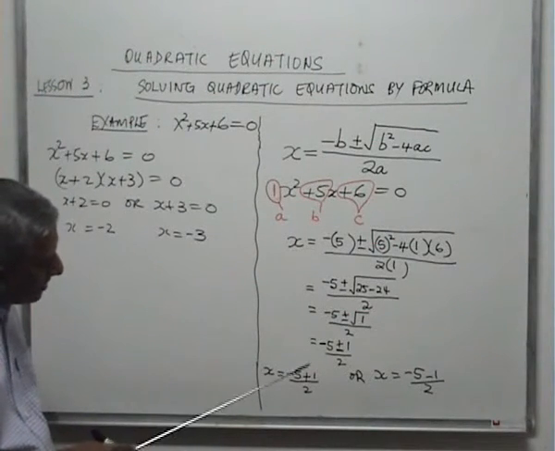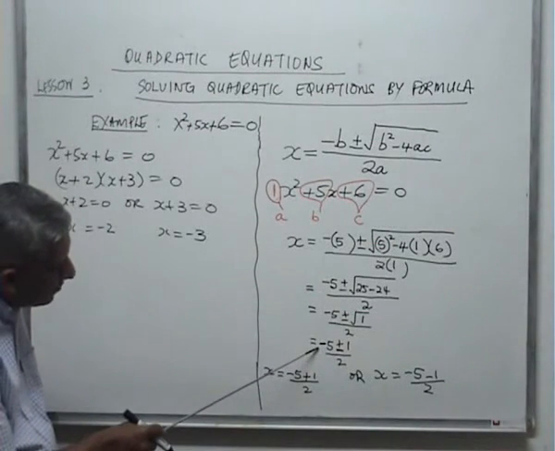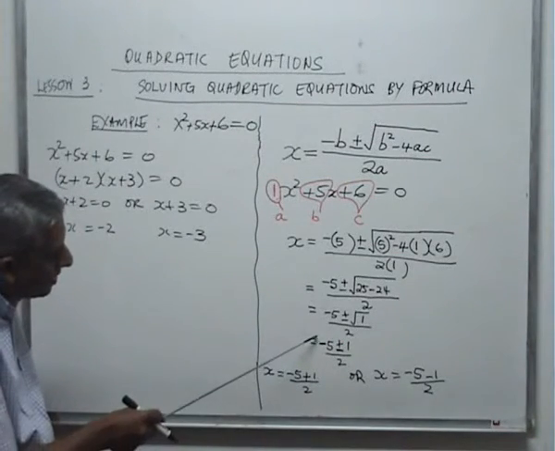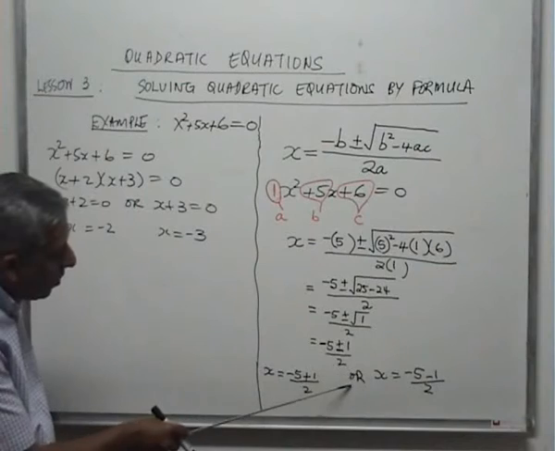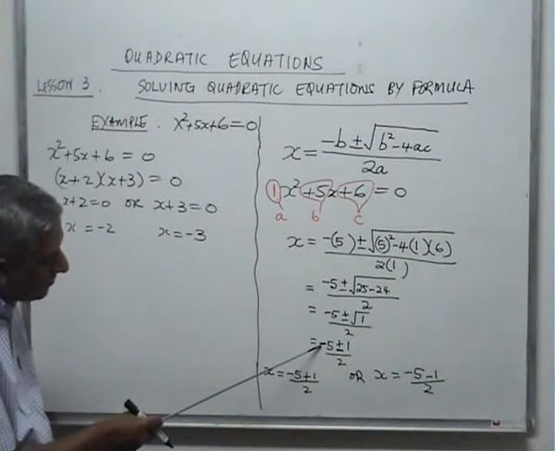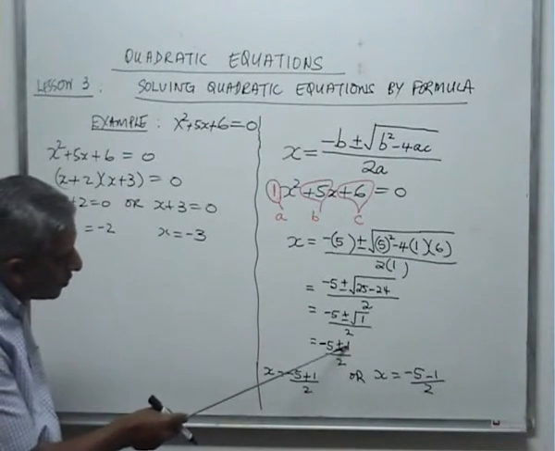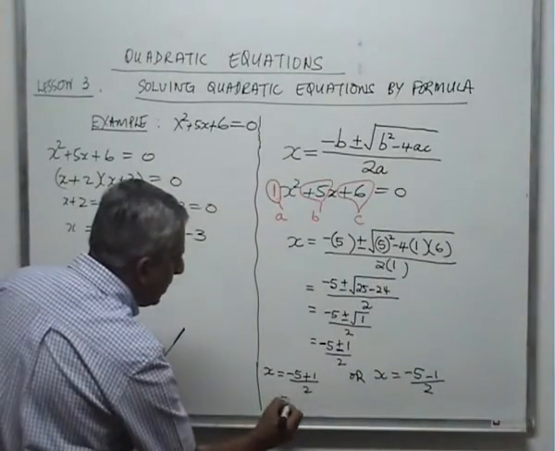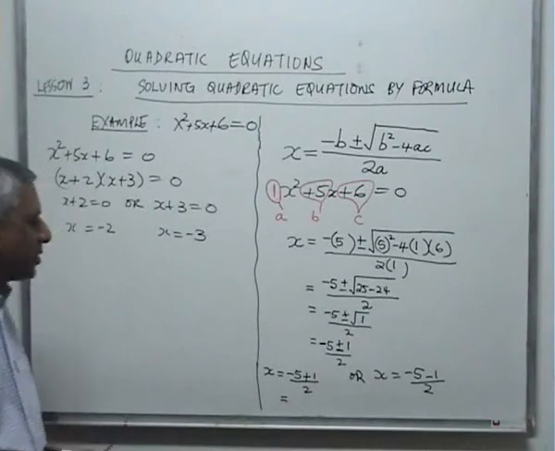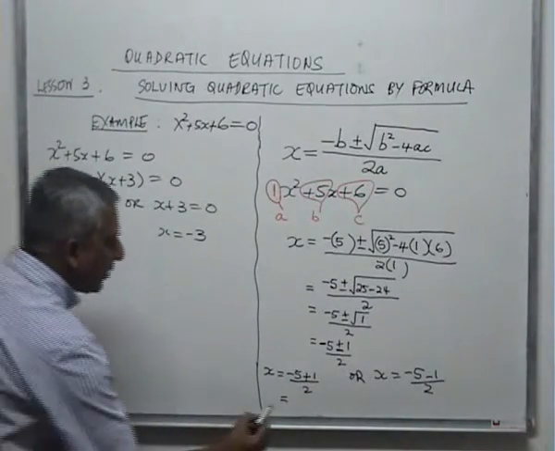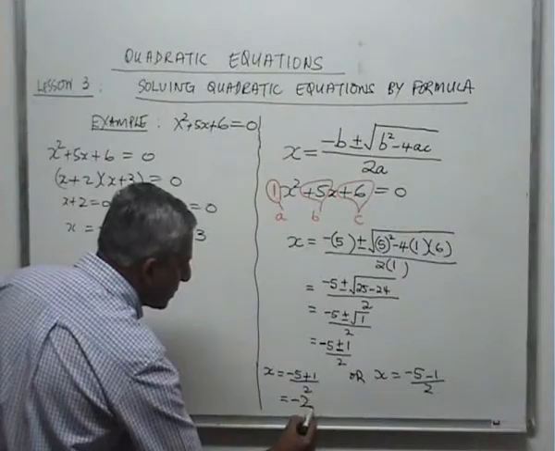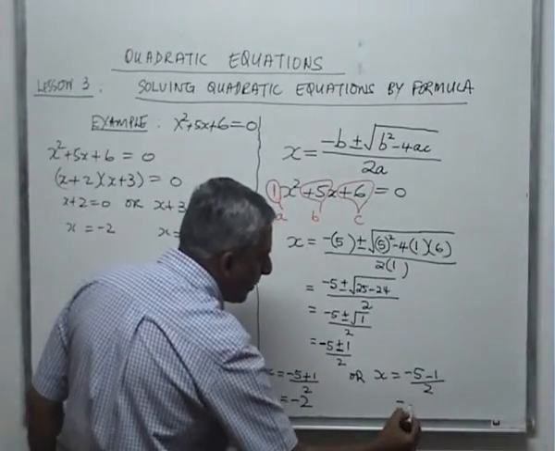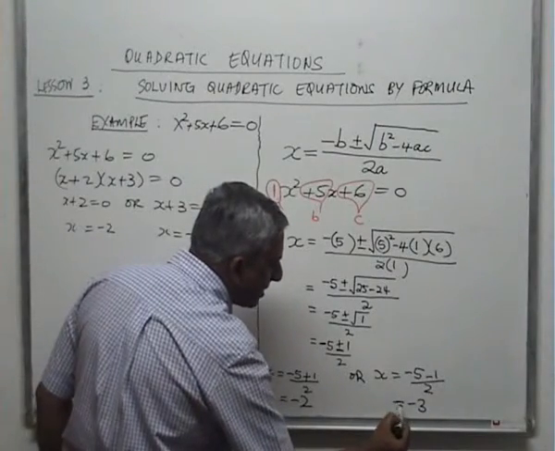Now when it comes to x is equal to minus 5 plus 1 over 2, you're taking the top sign, you see. Or x is equal to minus 5 minus 1 over 2. And when you put this in your calculator, minus 5 plus 1 all over 2, you will end up with the answer minus 2. When you put that in your calculator, you will end up with the answer minus 3.